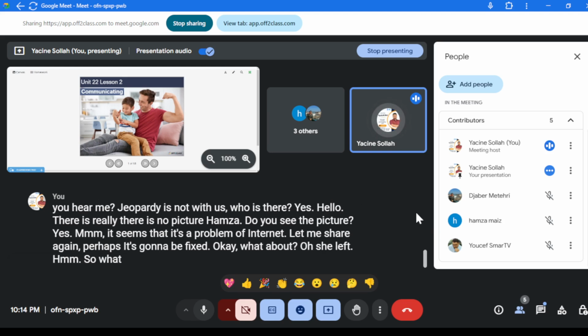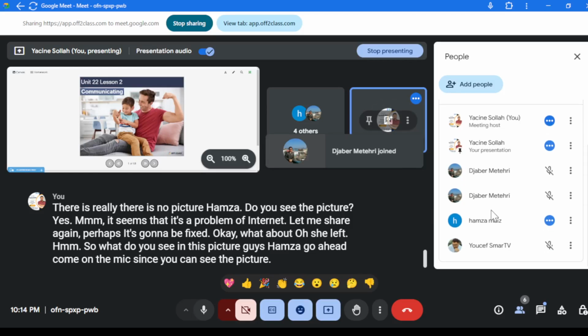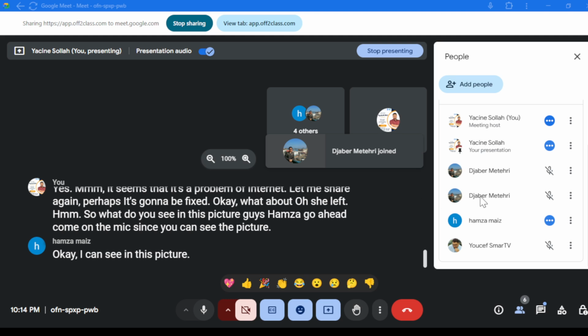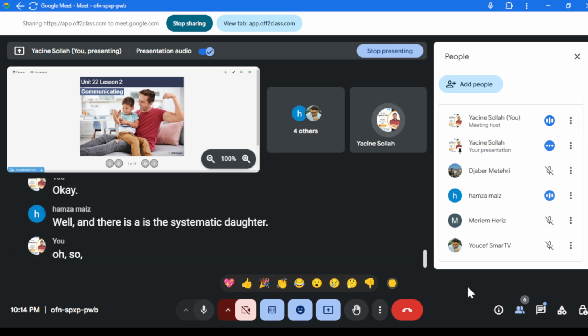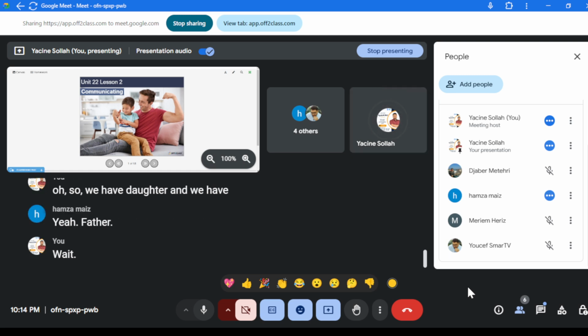So, what do you see in this picture, guys? Hamza, go ahead. Come on the mic since you can see the picture. I can see in this picture one woman and one man, a man and his daughter. So we have a daughter and we have a father. Wait. A daughter is a girl, but this one?